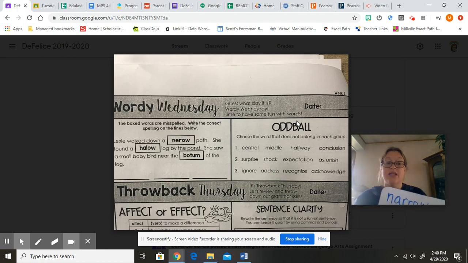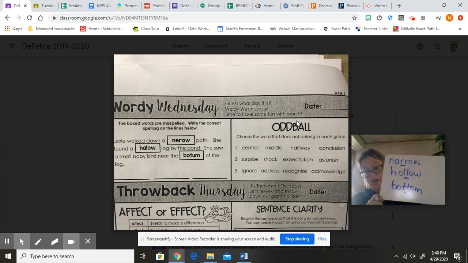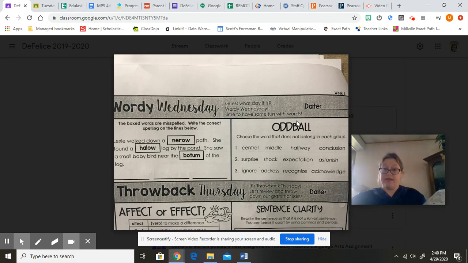She found a hollow log by the pond. Hollow. Double L is our double consonant. She saw a small baby bird near the bottom of the log. Bottom. Double T is our double consonant.